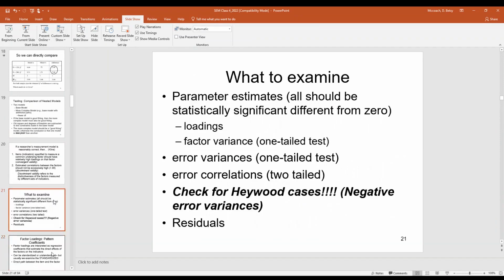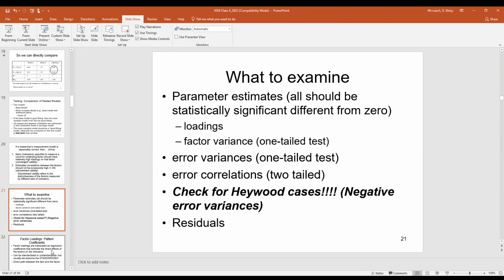So when we're looking at confirmatory factor analysis results, what are we going to be looking at in the M+ output? Because we didn't do this last time, right? We're going to look at all of our parameter estimates, and we want all of our parameter estimates to be statistically significantly different from 0. We want our factor loadings to be different from 0.